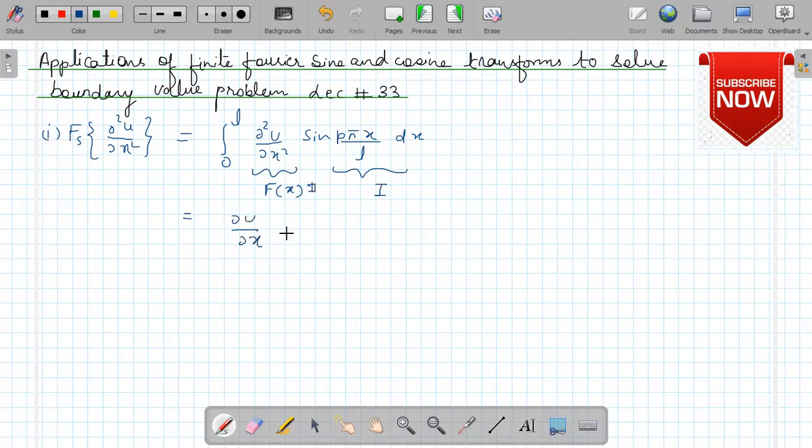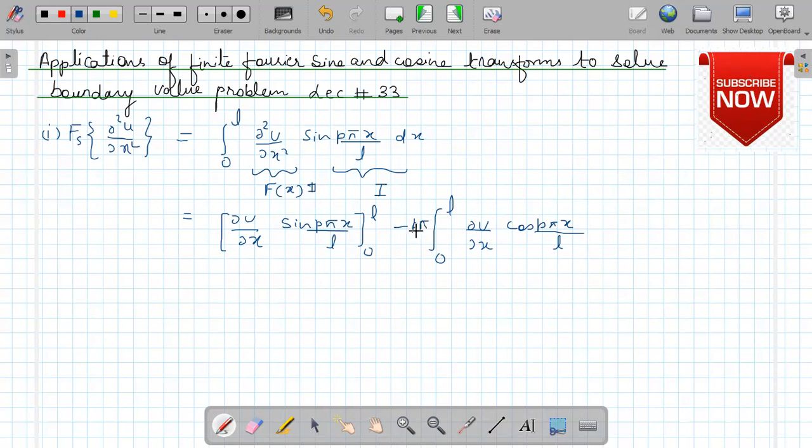We write first of all del u by del x, and then sine p pi x over L. Then we apply the limit in this part, minus the integral from 0 to L of del u by del x cos p pi x over L, the differentiation of this, and the extra part p pi upon L which is in the denominator will not be in the denominator, it will be in the multiplication.